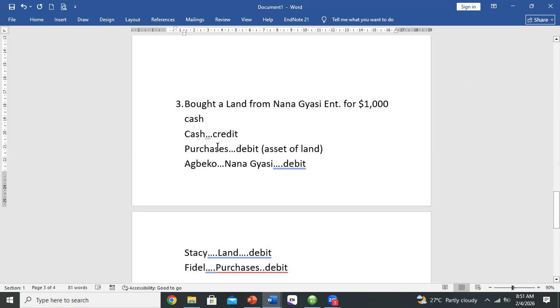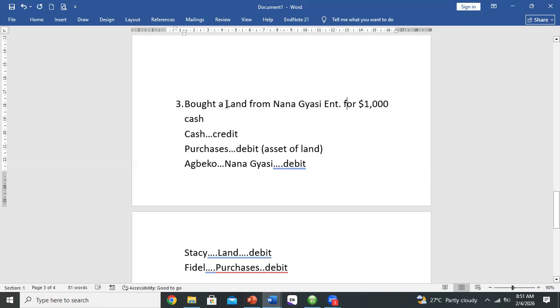Those who went for purchases, it cannot be purchases because here there was no mention of bought goods. Again, there was no statement to tell us that the business is into buying and selling of what? Land.